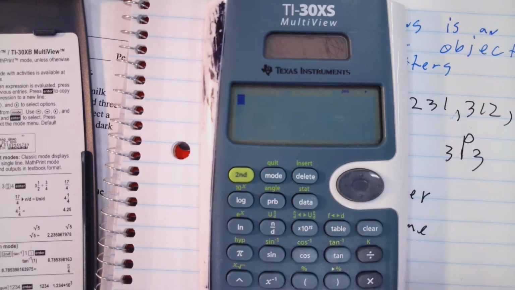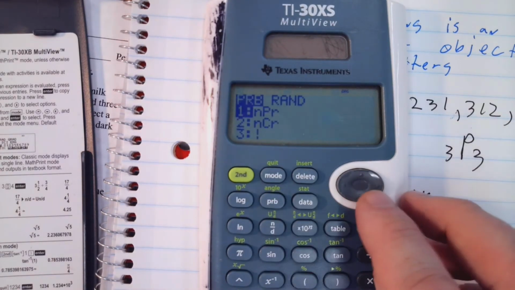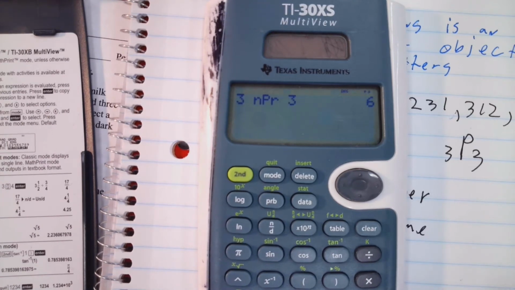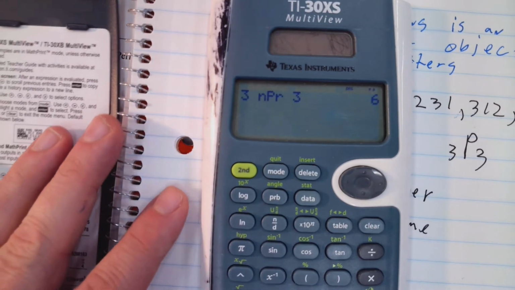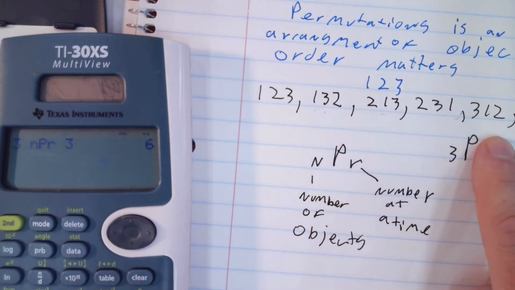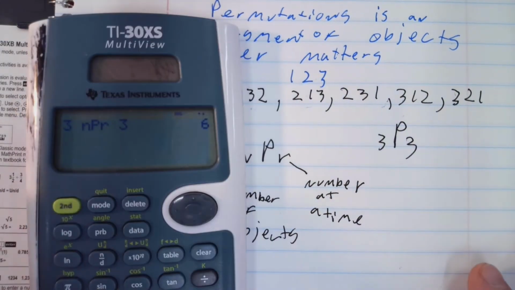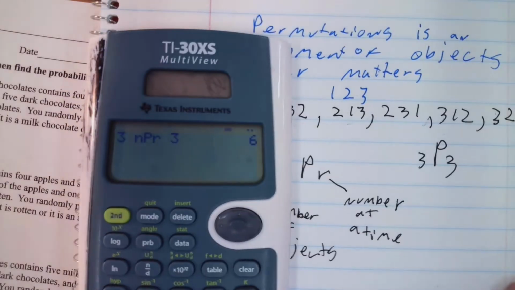Okay, this is what we do. We type in 3, press that button. I'm doing permutations. 3. Okay. Did I get 6 permutations up here? 1, 2, 3, 4, 5, 6? Okay. So I did get that.